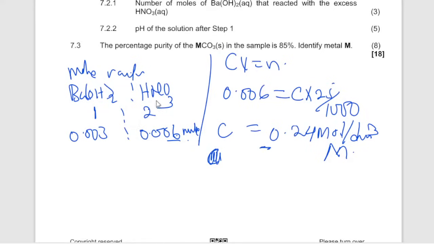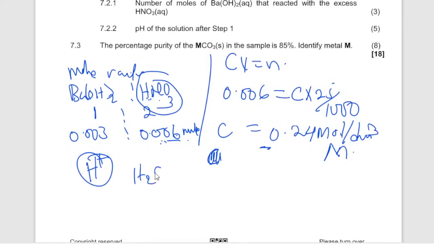If this nitric acid was a diprotic acid, I would have multiplied the number of moles by 2. But because it is a monoprotic acid, the moles of nitric acid will be equal to the number of hydrogen ions being produced. Understand?